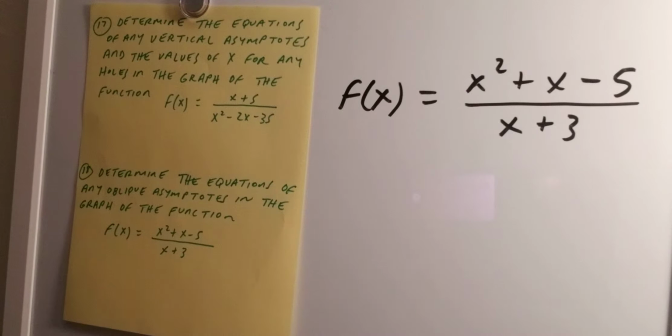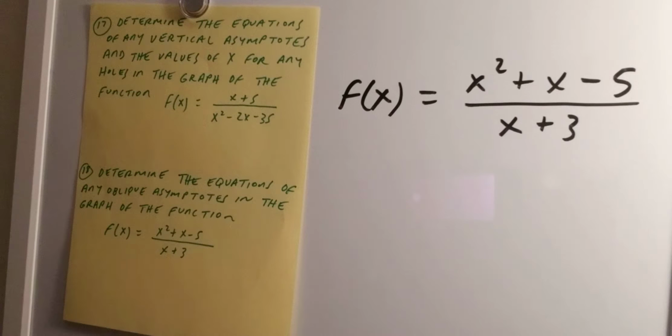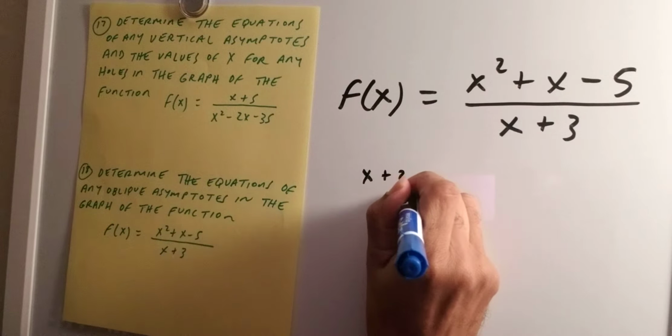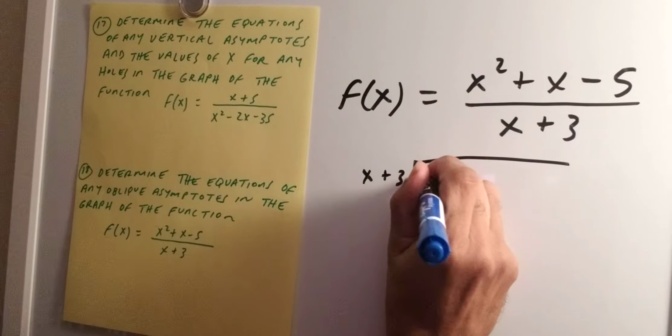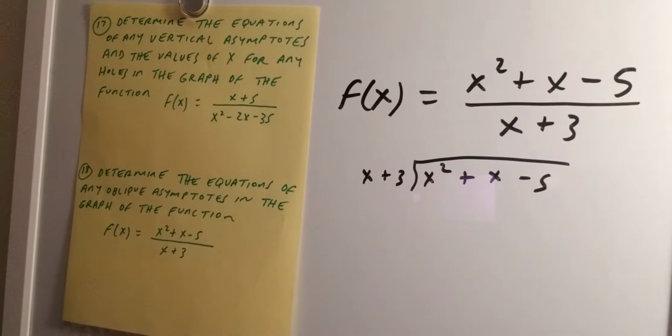All right, oblique asymptotes occur if the degree of the numerator is 1 greater than the degree of the denominator, and that is the case, 2 compared to 1. So I'll use long division. x plus 3 is the divisor. x squared plus x minus 5 is the dividend.